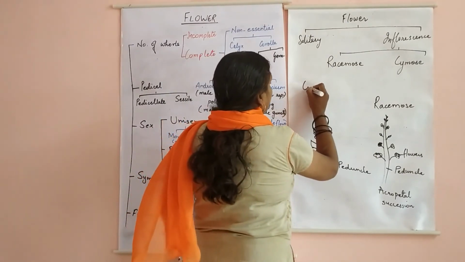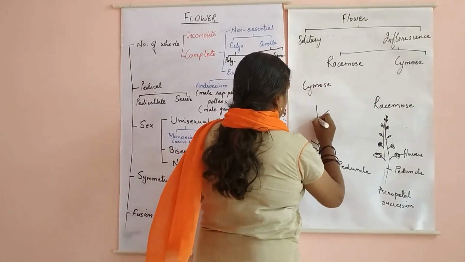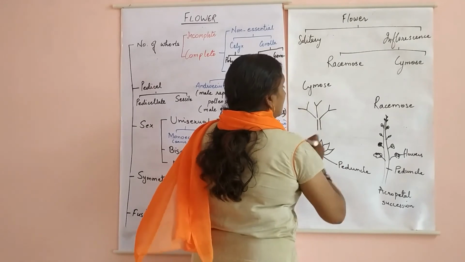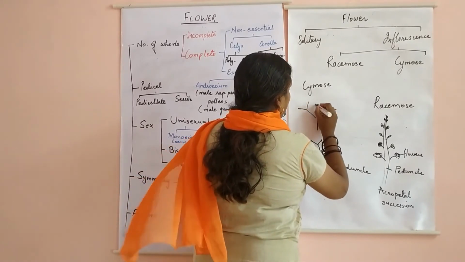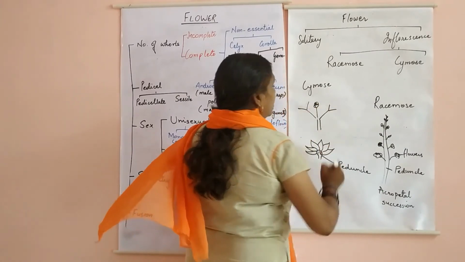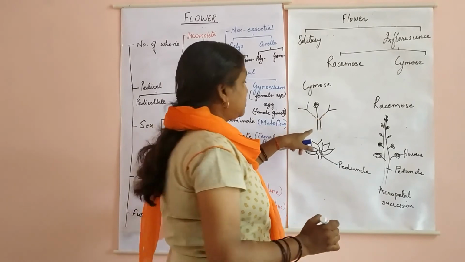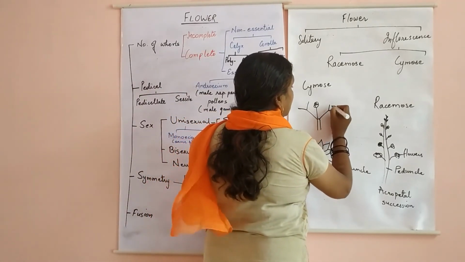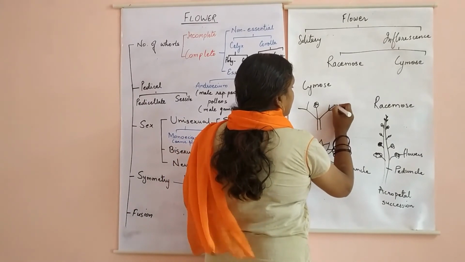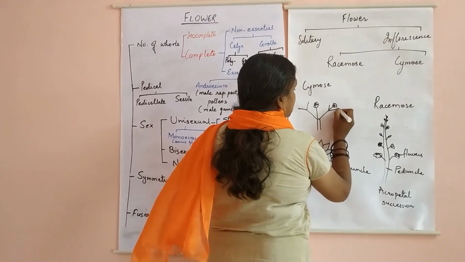Then coming to cymose. In cymose, what will you see? The terminal end ends in a flower. So this is your flower and the adjacent side. This is your main axis, where the terminal ends in a flower. Here also you will have a flower, and this will have the buds.